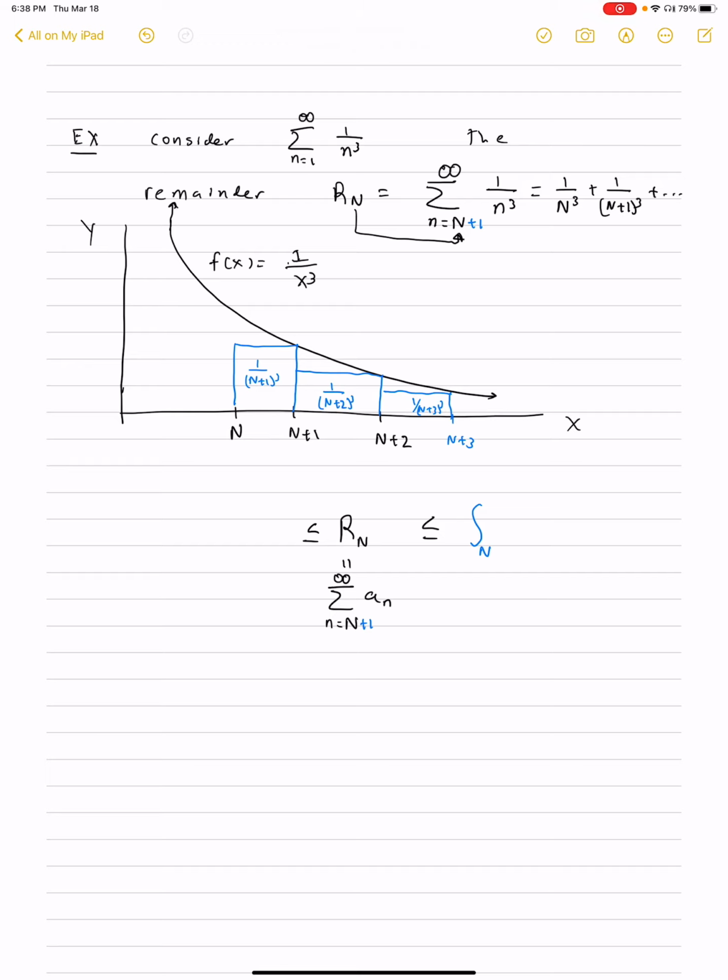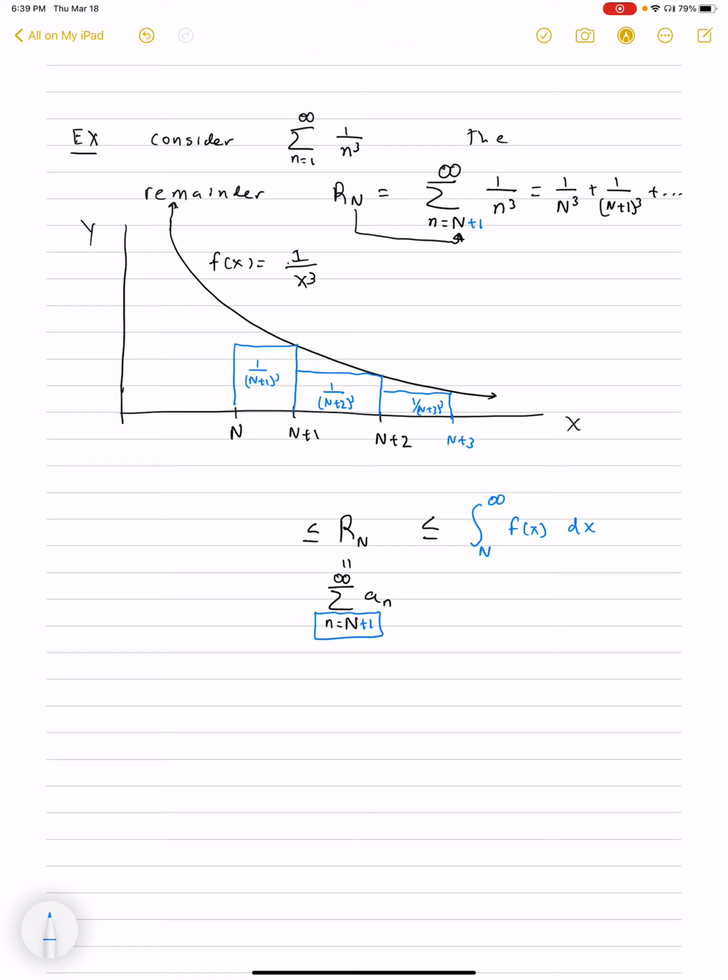This integral from n to infinity of f of x dx is going to have less area than the integral from n to infinity. That's a very important correction here, that this starts at capital N plus 1.